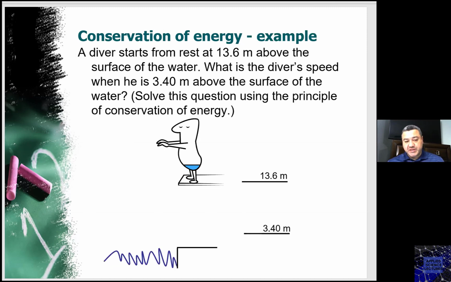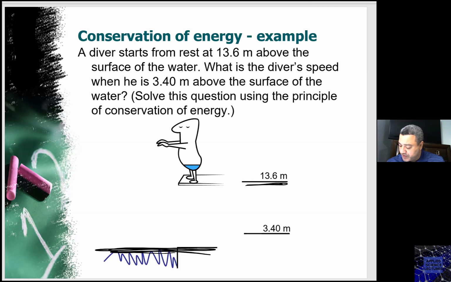Now let's look at this example where we have a diver who starts from rest at 13.6 meters above the surface of the water. So our reference is the surface of the water.